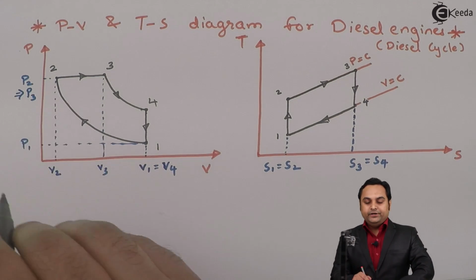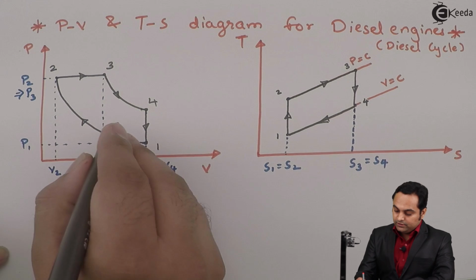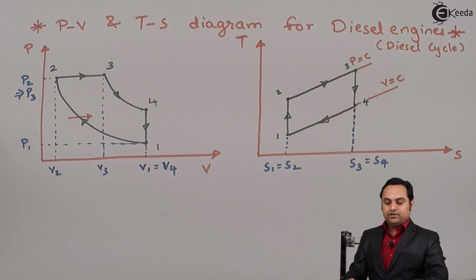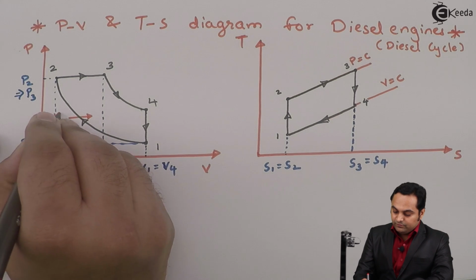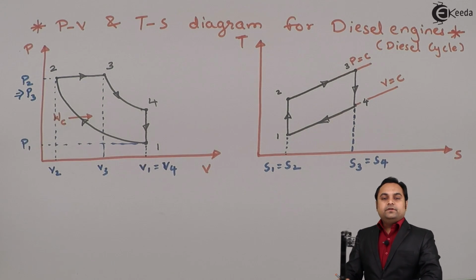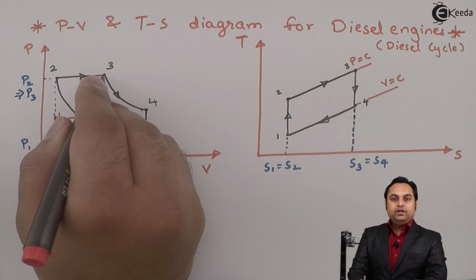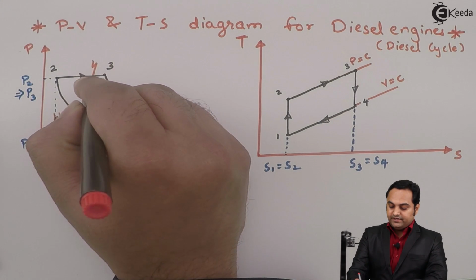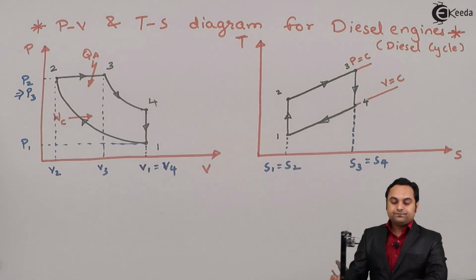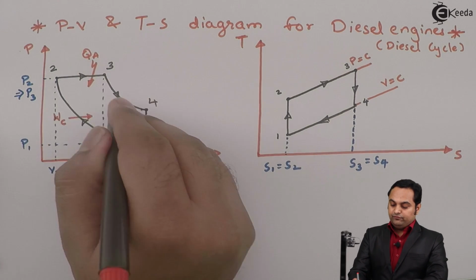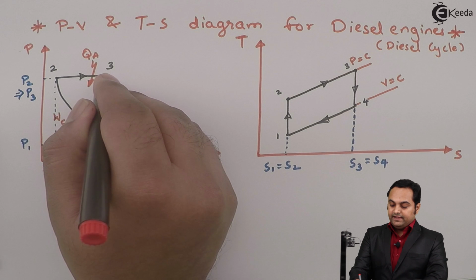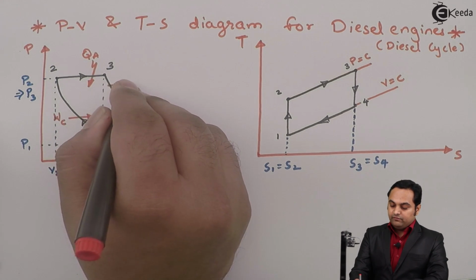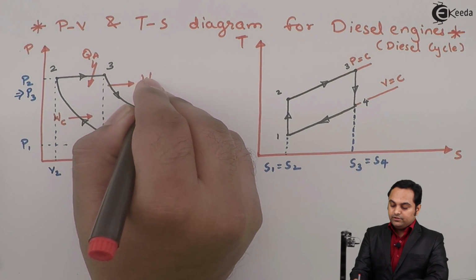From 1 to 2 it is called isentropic compression, so work is input to the system during compression, so that becomes W suffix C. Next, for process 2 to 3 heat is added into the system, so this is the heat addition process. Then from 3 to 4 we are getting expansion, the work is produced from 3 to 4, so we are getting work output from the engine.